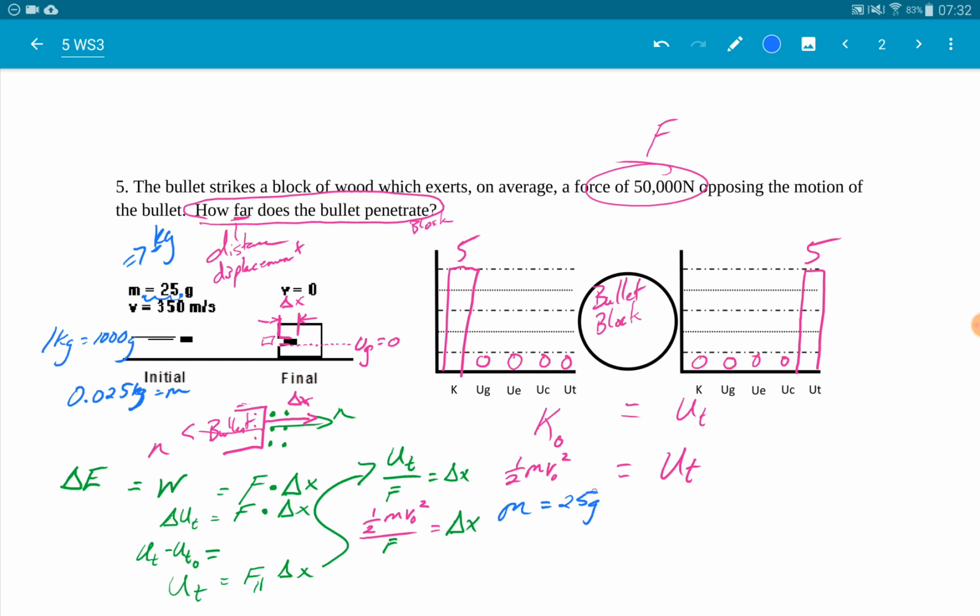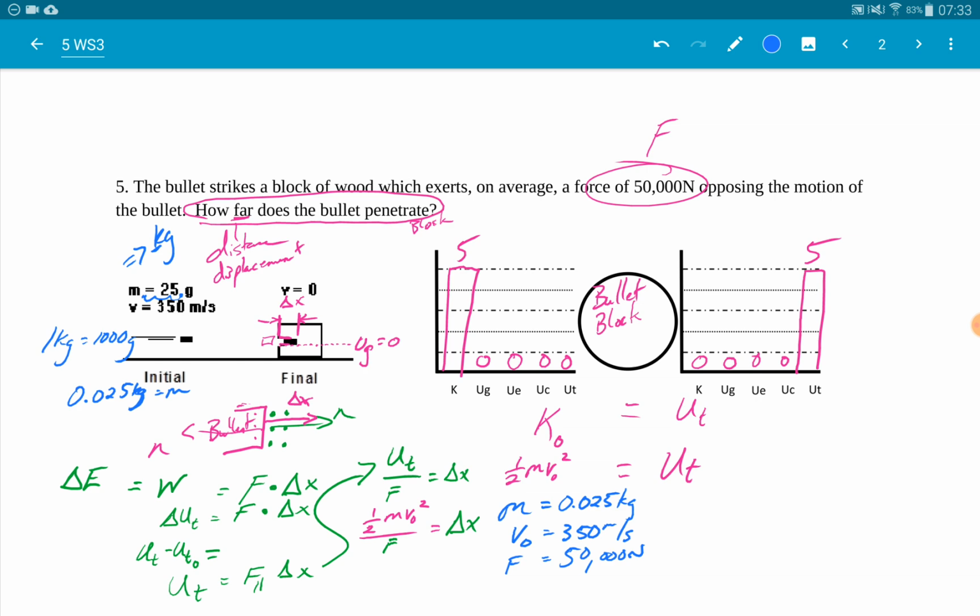So I erase that and I go, that's 0.025 kilograms for that guy. My original velocity is 350 meters per second. Is that the right unit? Yes, it is, meters per second. And the force there, they gave it to us at 50,000 newtons. Is that an okay unit? Yes, it is. And so now I just put in all of that stuff, and I solve for delta x.